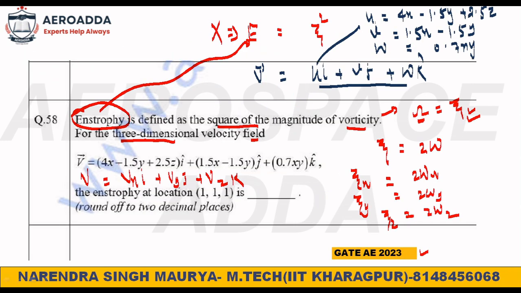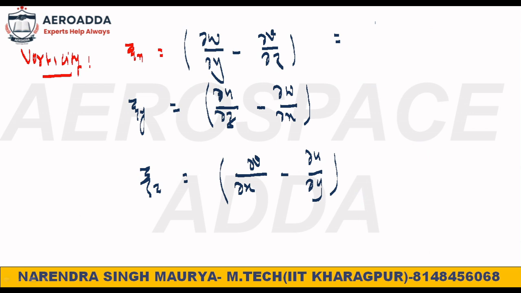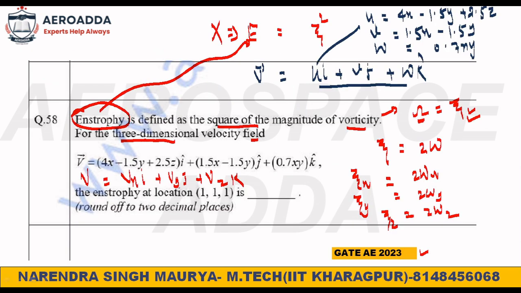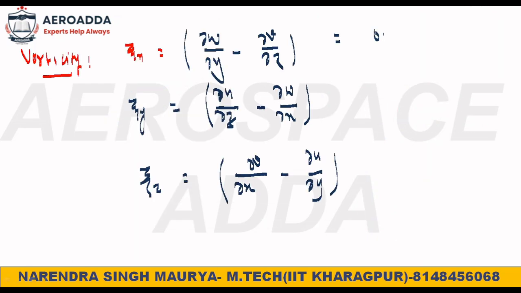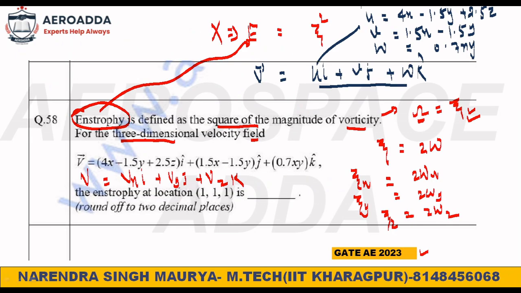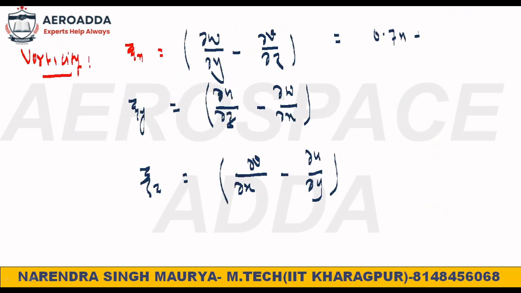Because now you have this value of u. So what is dou w by dou y? Check. Dou w by dou y is nothing but 0.7x, minus what is dou v by dou z? This is the v. What is dou v by dou z? It is 0. Yes or no? Correct?